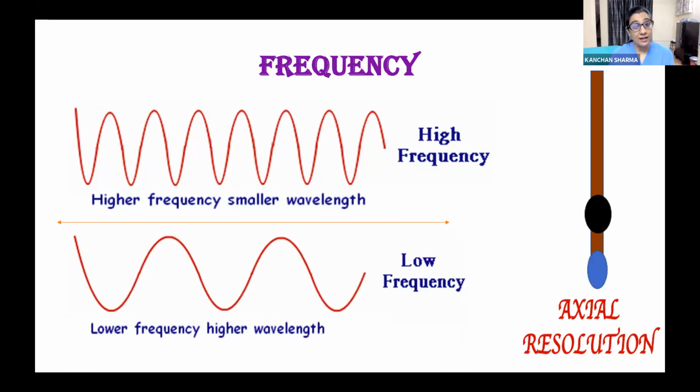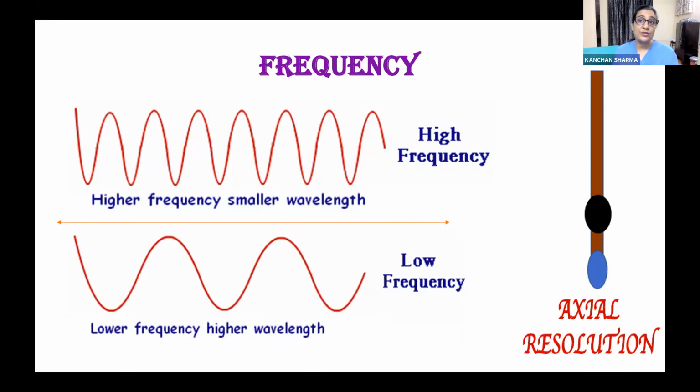As we say, nothing comes free, right? So what happens if we are using a high frequency transducer? We will be able to see the structures which are lying at smaller depth very nicely. But this wave is going to get attenuated very easily. It is like a person who is running so fast because he wants to complete the race: he is going to get tired very soon.